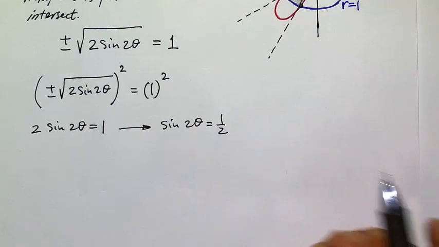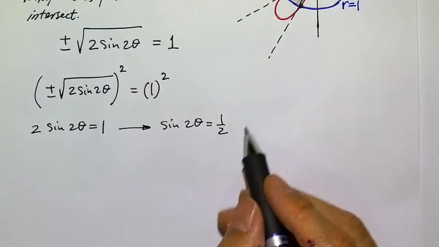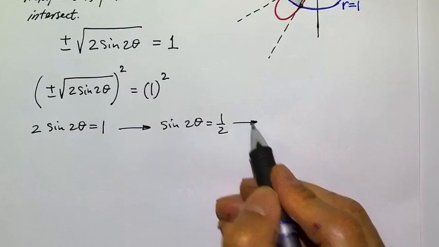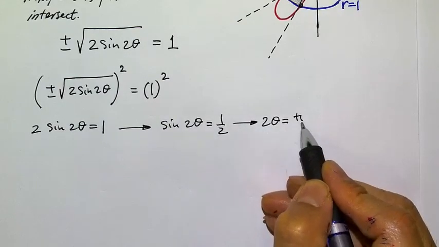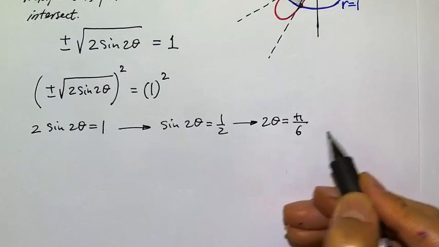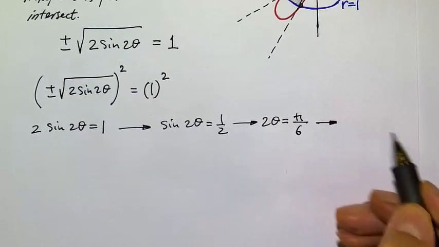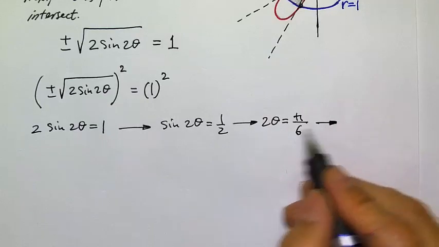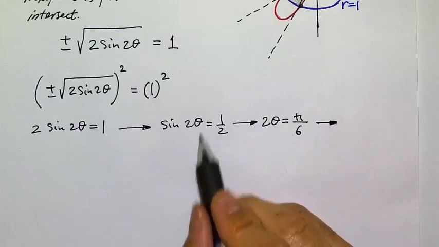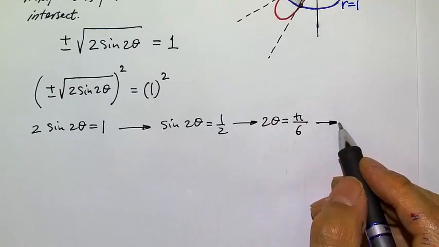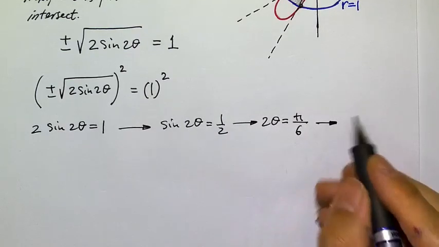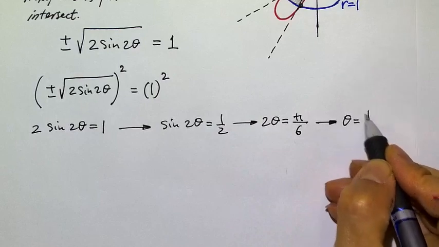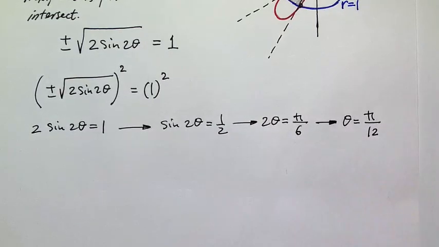It's pi over 6. This is from trigonometry, right? We know that. So 2 theta must be equal to pi over 6, and then dividing both sides by 2 to solve for theta, theta would have to be equal to pi over 12.